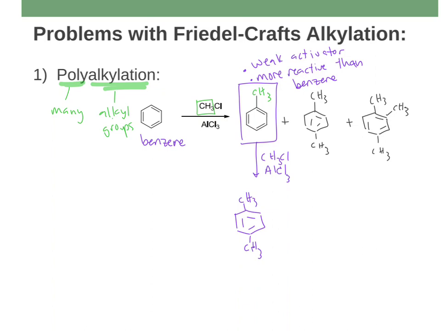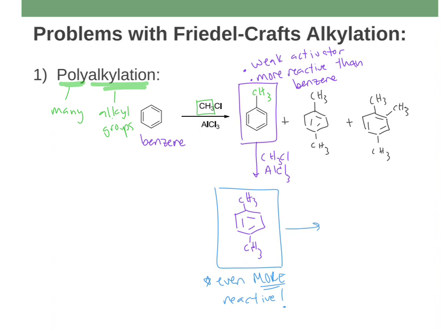Well, now we have a new problem here. Because now this is more reactive than the thing before, because now it has 2 activating groups on it, and not just 1. So now this is even more reactive than the one with just 1 methyl.